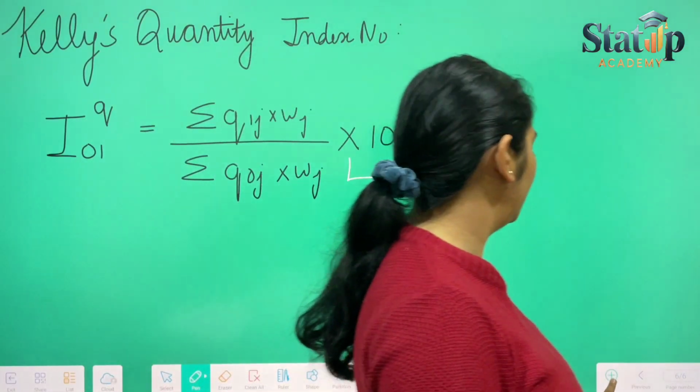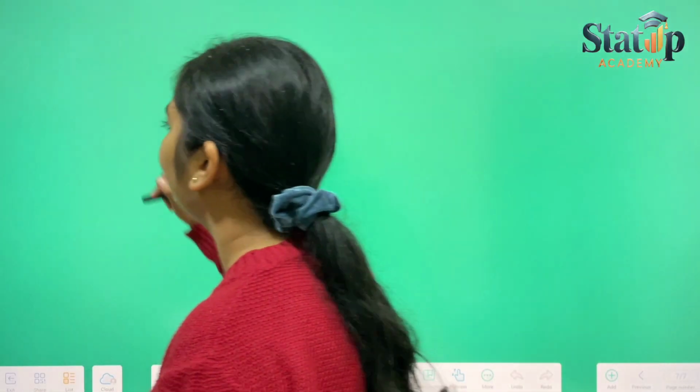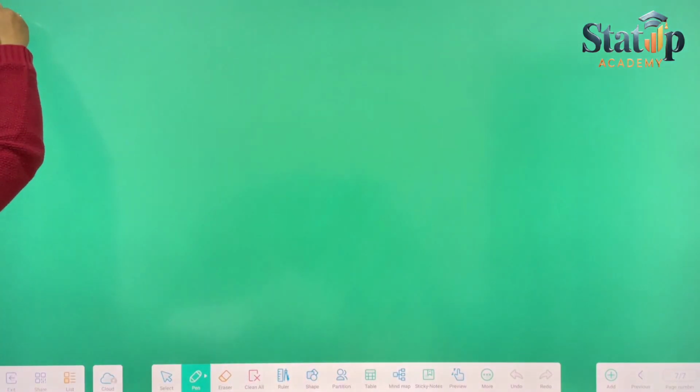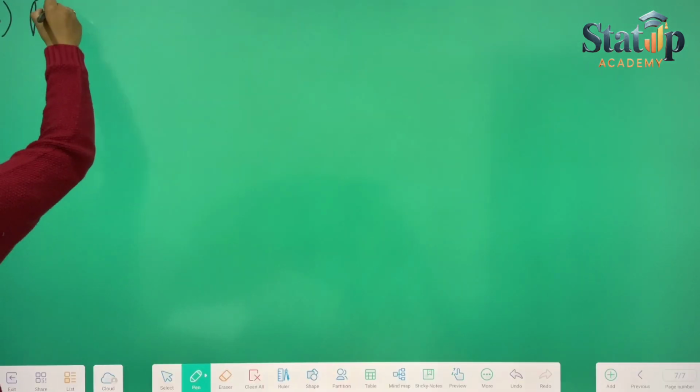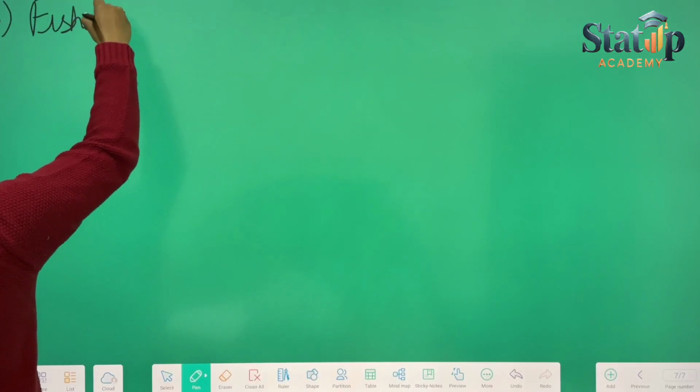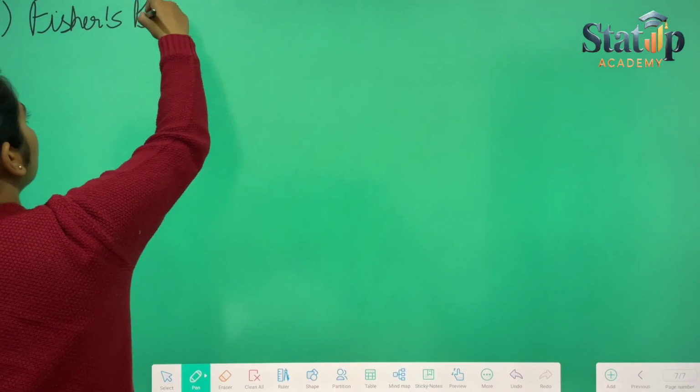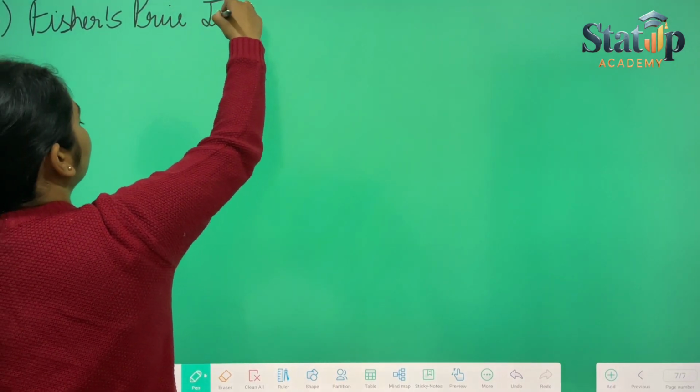Now moving forward to Fisher's, our very own Fisher's, which we have been doing. The third one is Fisher's price index number.